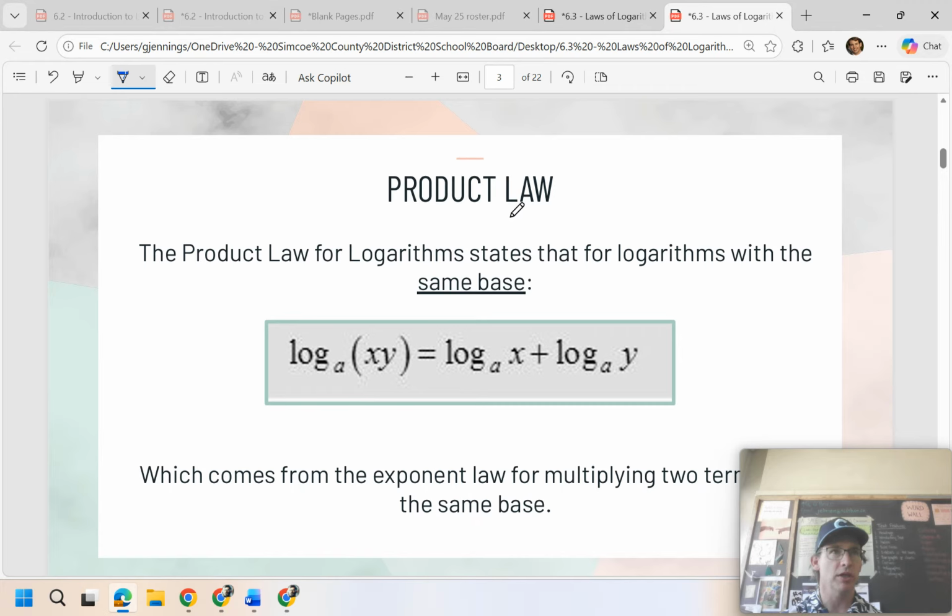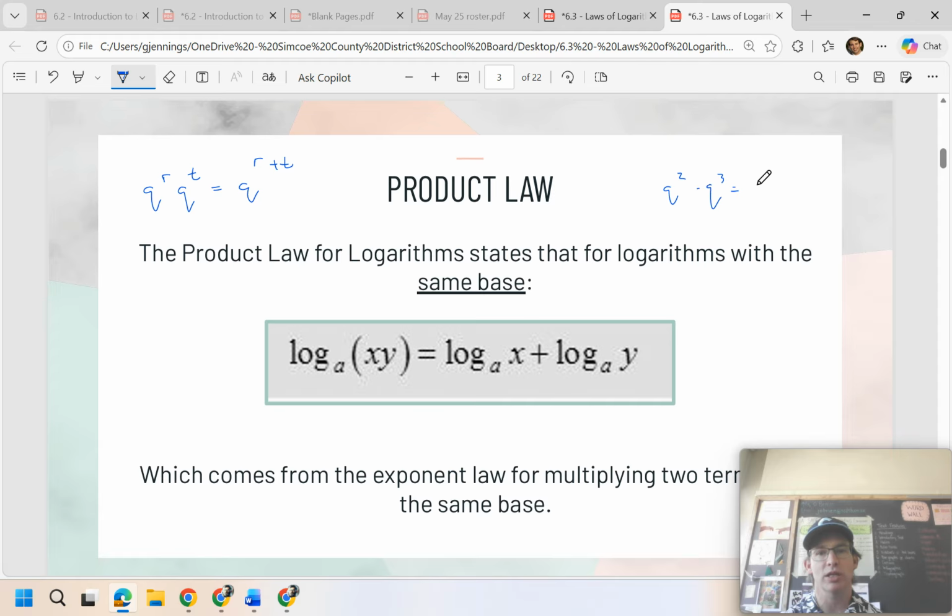If the exponent laws are not intuitive, I'd encourage you to consider something like q raised to the power r times q raised to the power t. Why is that q to the r plus t? What you do is you create something like q to the power 2 times q to the power 3.